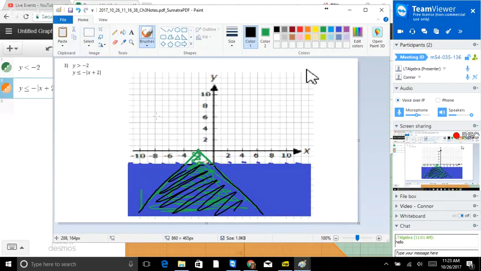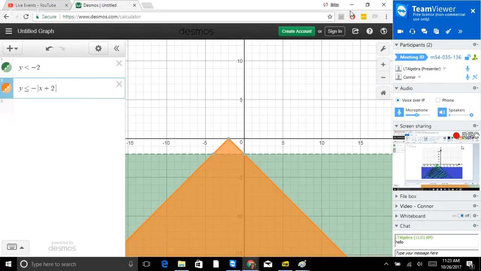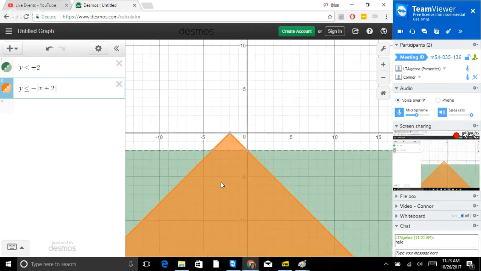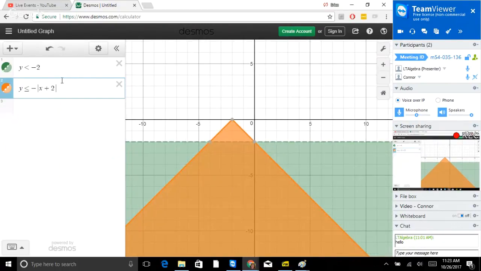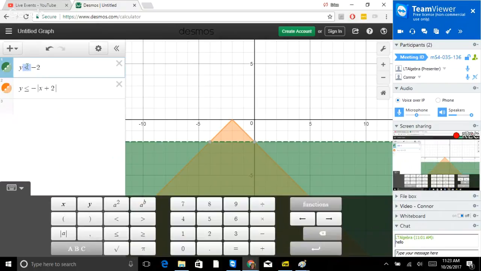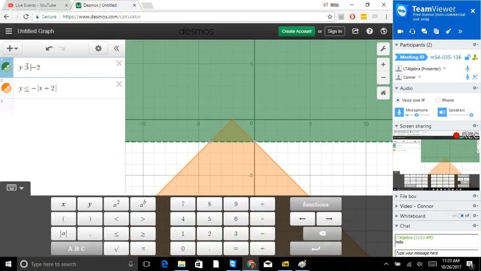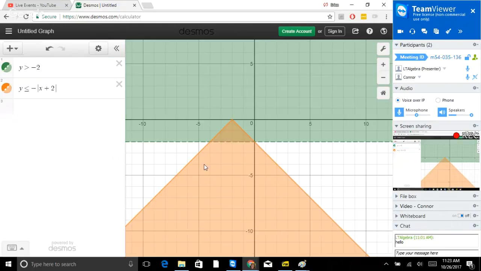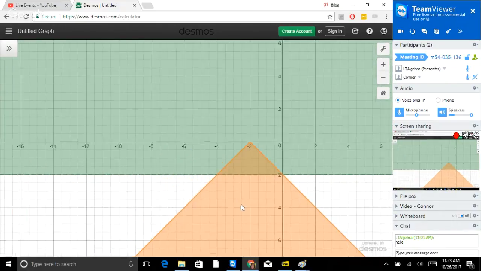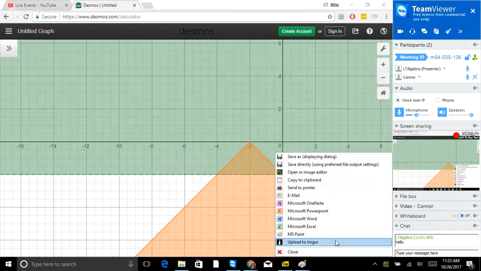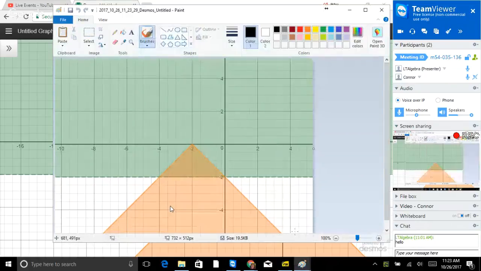I went on the wrong side of the graph, because y is greater than -2. That makes an even prettier graph than what I had. This was my original problem. Right here. I would have checked my work carefully. All right, so I'm just going to steal this from Desmos and open it in Paint.